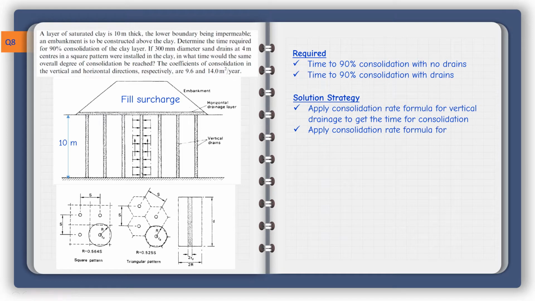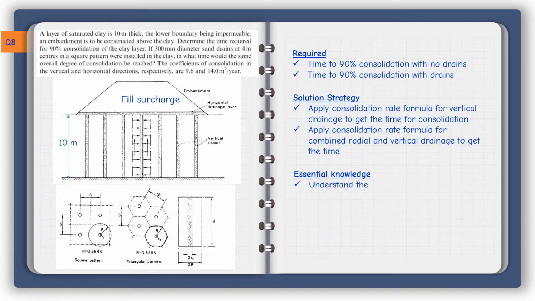And then we apply the consolidation rate again, but now for the combined effect of radial drainage, because when we have a water particle here, it will basically consolidate radially, but it can also travel vertically if the path is shorter. So we will have a combined effect between the vertical and the radial drainage.